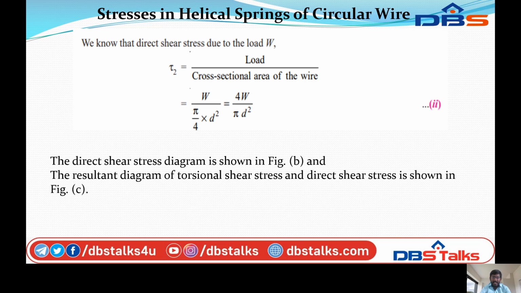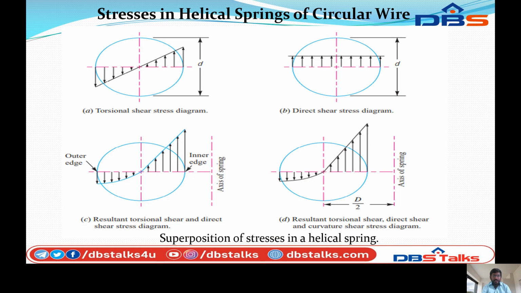The direct shear stress diagram is shown in figure B, and the resultant diagram of the torsional shear stress and the direct shear stress is shown in figure C. You can see the figure of the superposition of stresses in helical springs. Figure A is the torsional shear stress diagram, figure B the direct shear stress diagram, and figure C the resultant of torsional shear and direct shear.